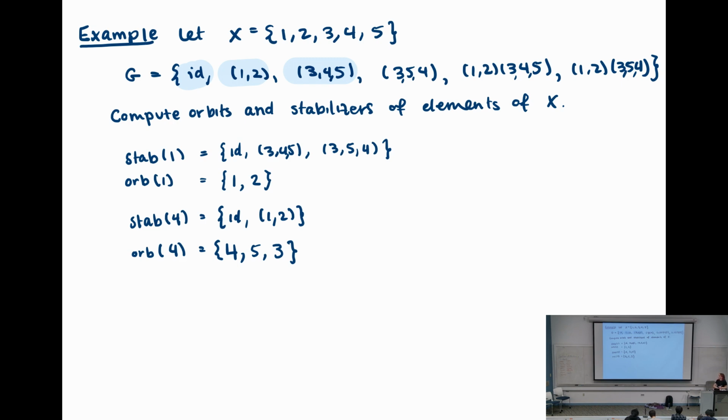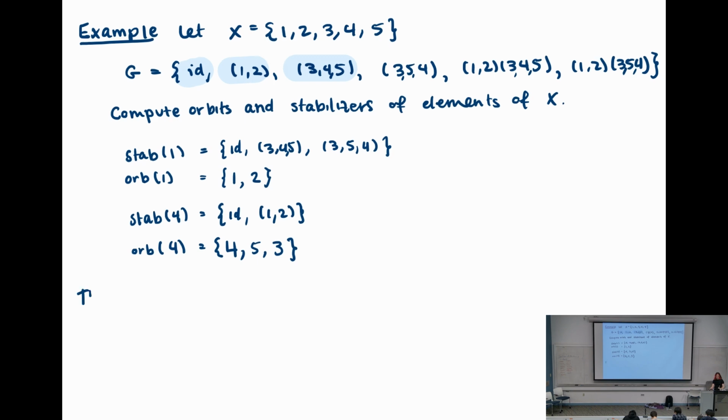I'm not going to do every single one, but from this, you might notice the following pattern, which will be the next theorem: the size of the orbit times the size of the stabilizer is the size of the entire group G. So I guess we should assume these are finite.